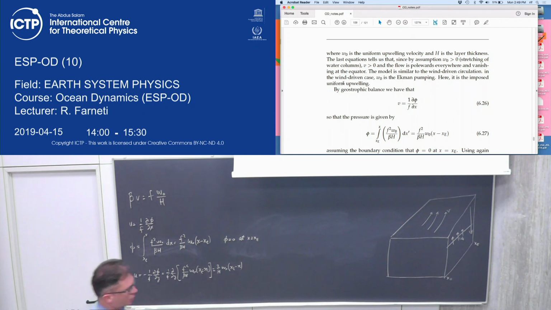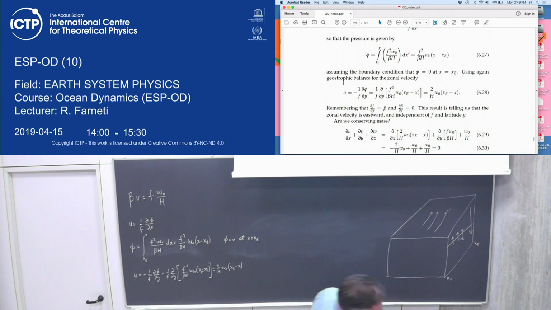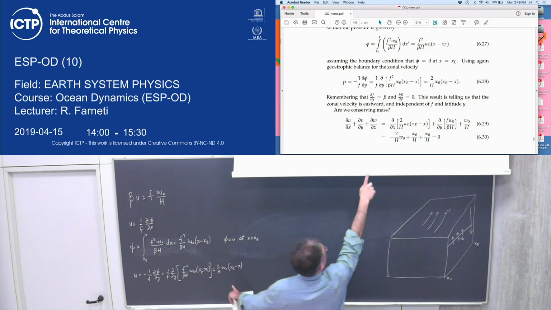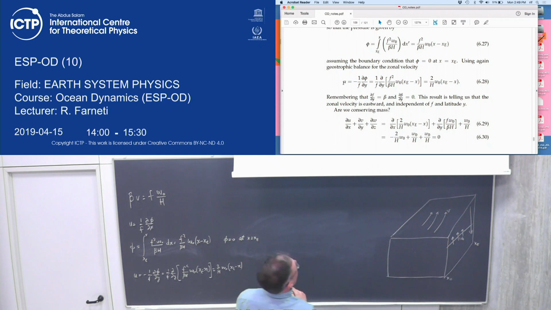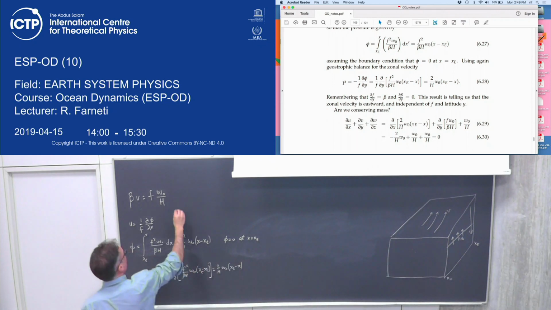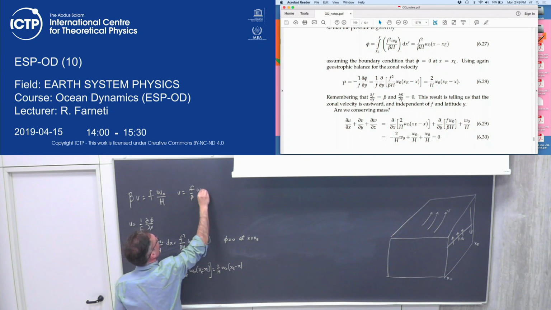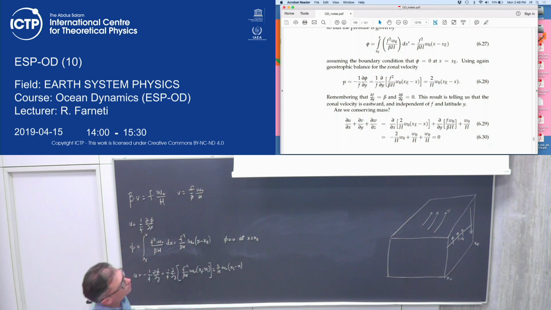And then you might ask yourself, are we conserving mass with this simple model? You substitute into the continuity equation, du by dx plus dv by dy plus dw by dz. Then you have u, which is this expression, plus d by dy of v, and v is simply f over beta, w naught over h.